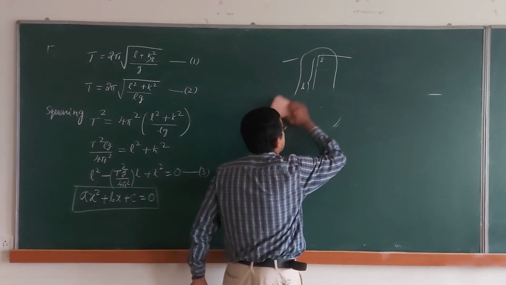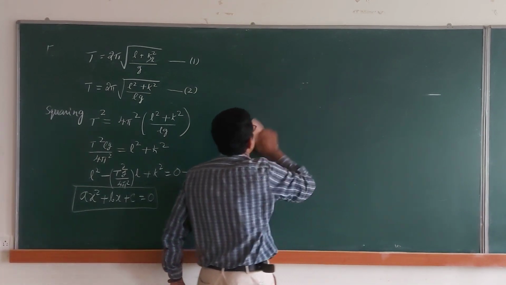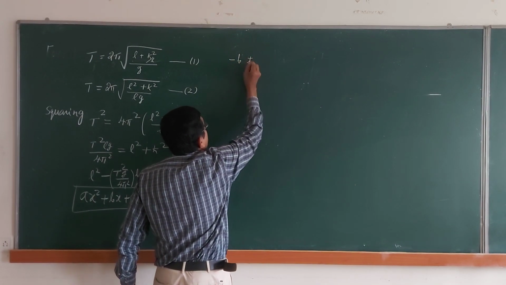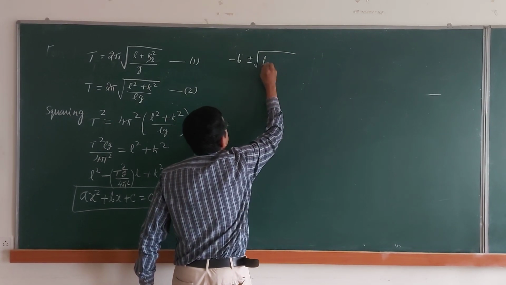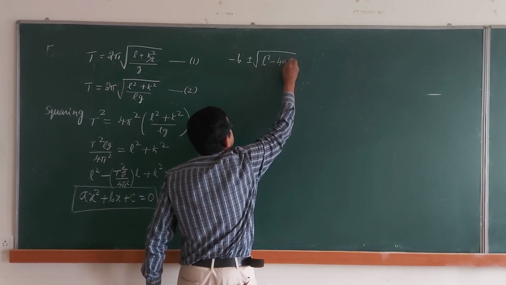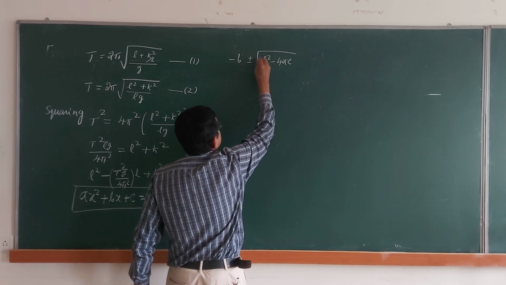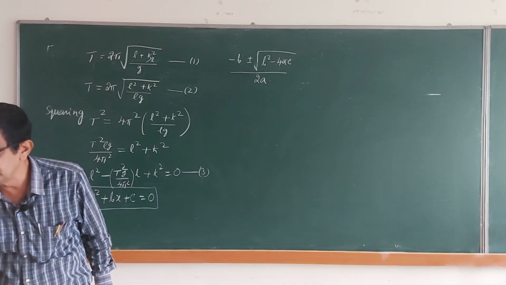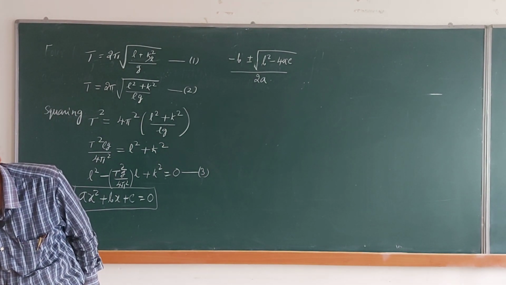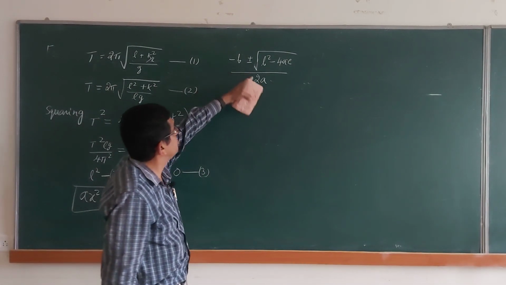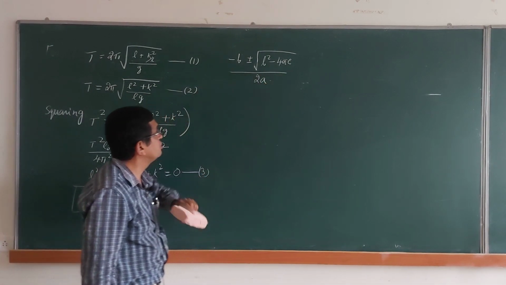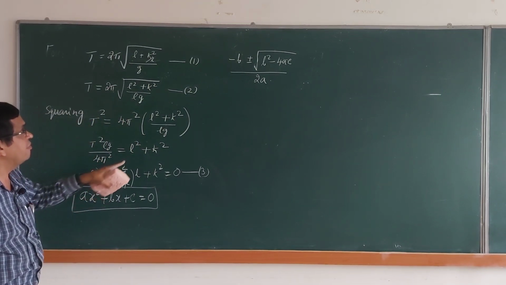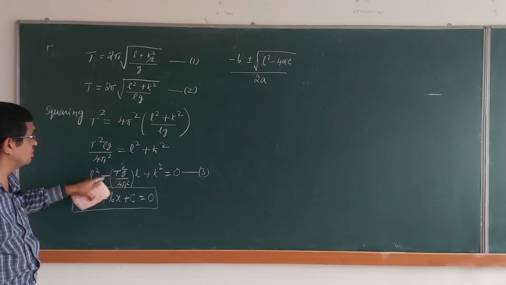If you write ax square plus bx plus c equal to 0, the two roots of the equation are given by minus b plus or minus square root of b square minus 4ac, divided by 2a. And in this case, it is quadratic in L, with b negative.